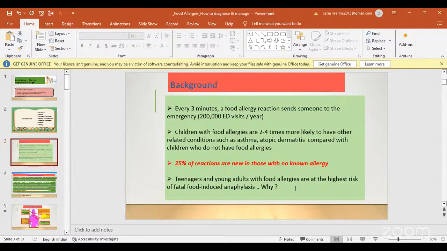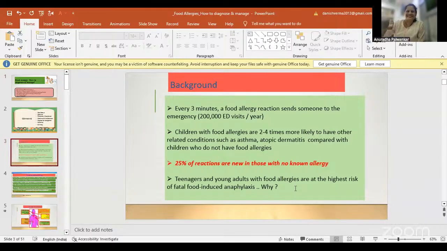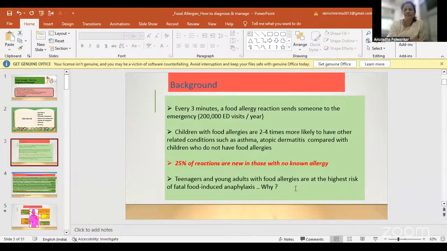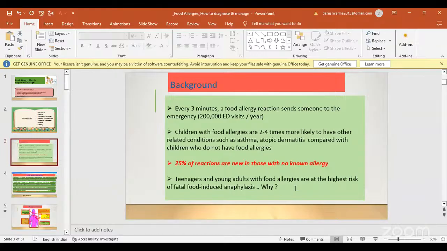At least it's moving now. Now your voice is also gone. Dr. Lalit, can you hear? Lalit, we can't hear you. Lalit, mail the presentation to me, I'll share the slides.